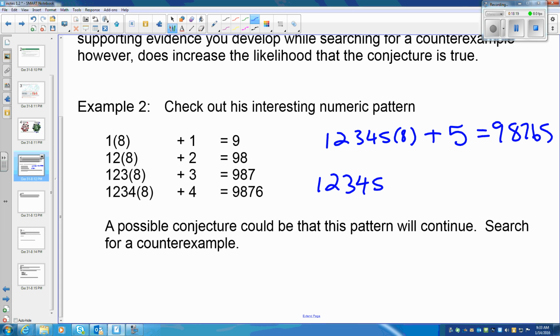Like what? 7, 8. Should I stop here? 9 times 8. What are we adding? We're adding the number of things. 1, 2, 3, 4, 5, 6, 7, 8, 9. If I go plus 9, I should get 9, 8, 7, 6, 5, 4, 3, 2, 1.